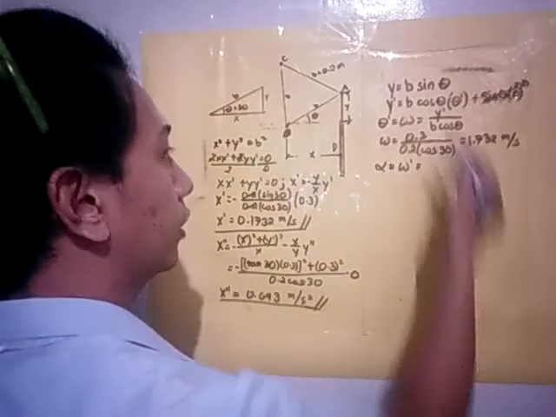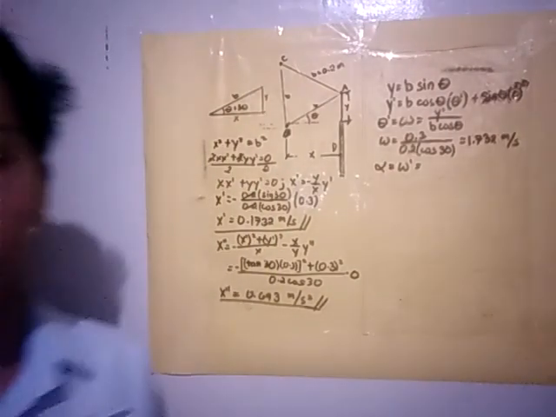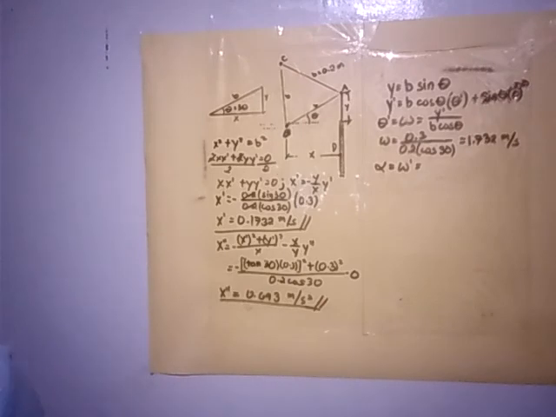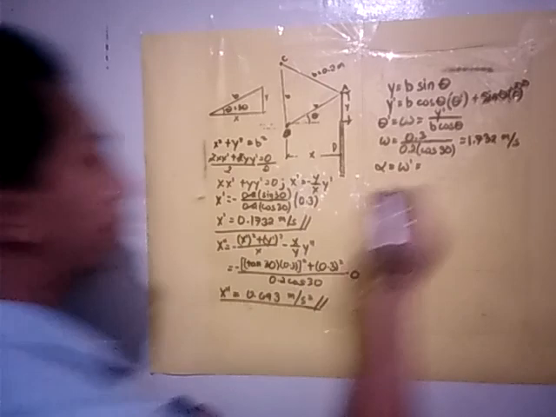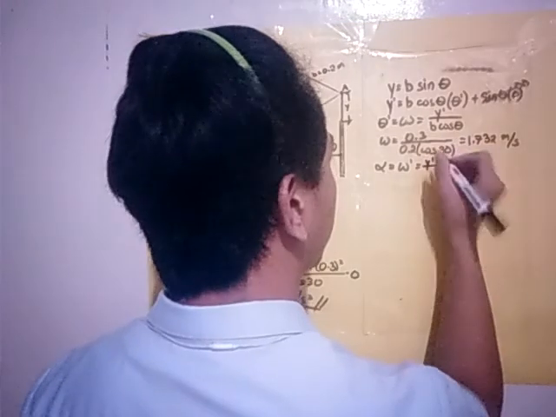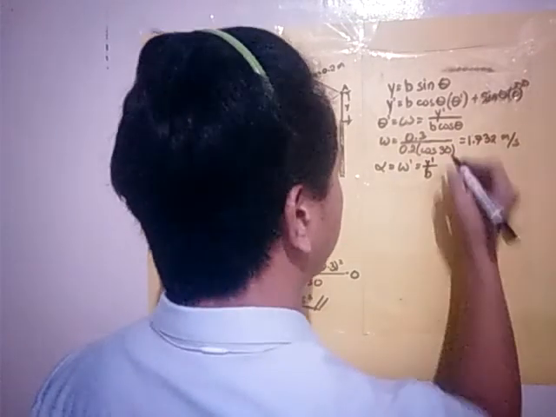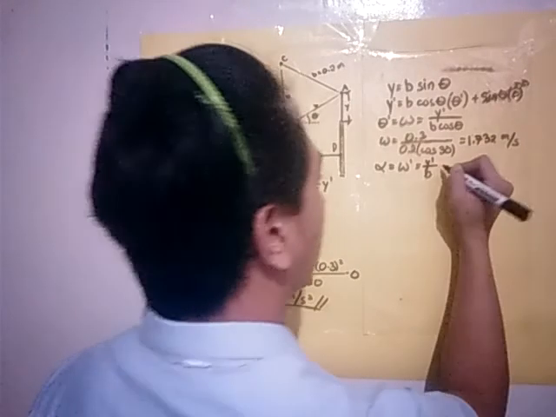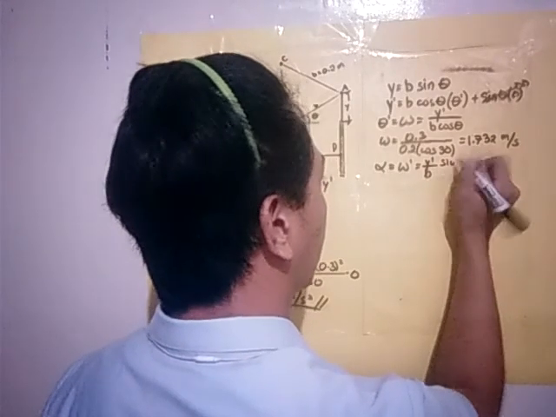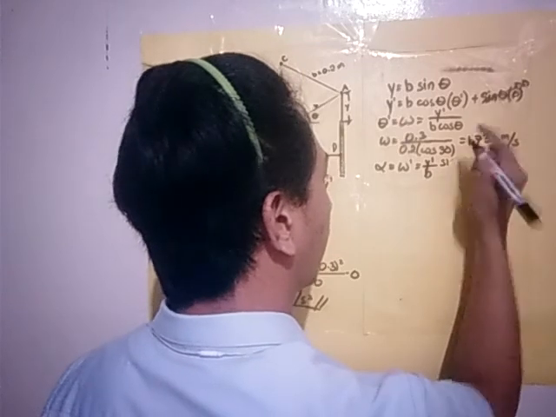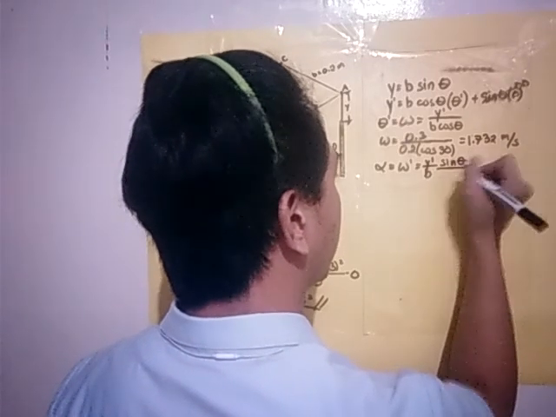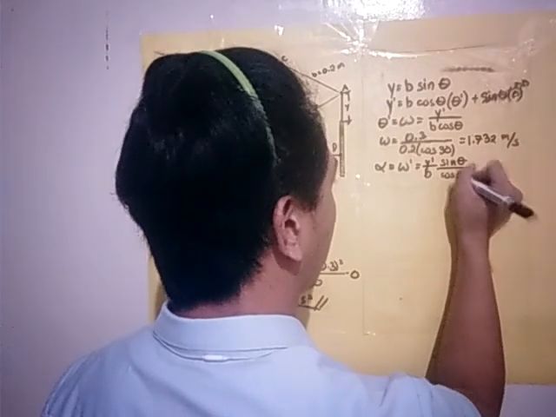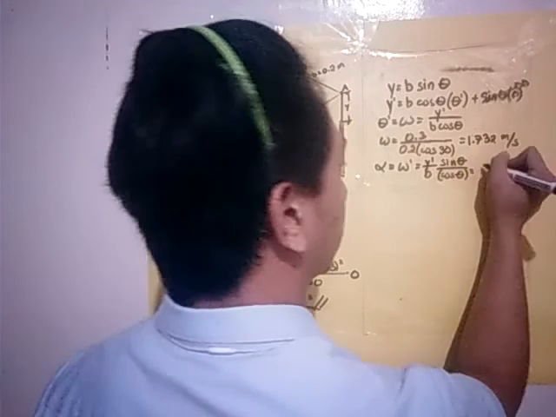So differentiating y prime over b cosine theta, we will now get y prime over b times sine theta over cosine theta squared times theta prime.